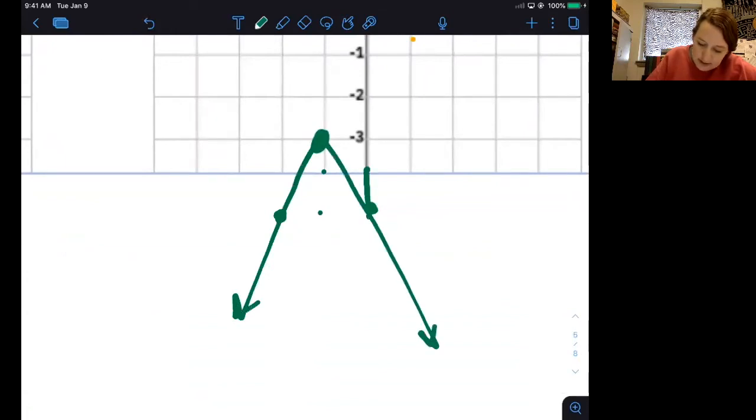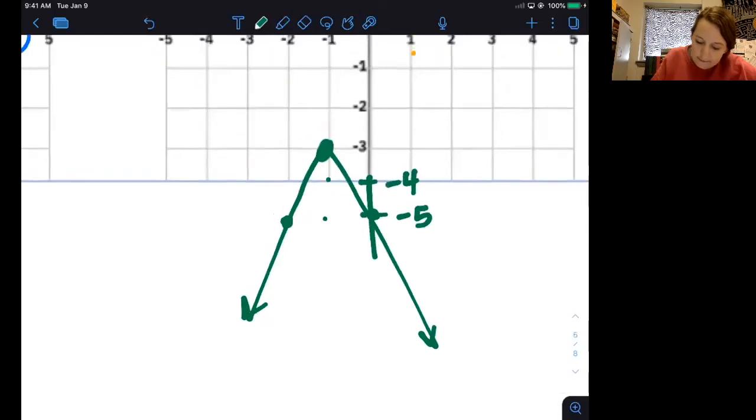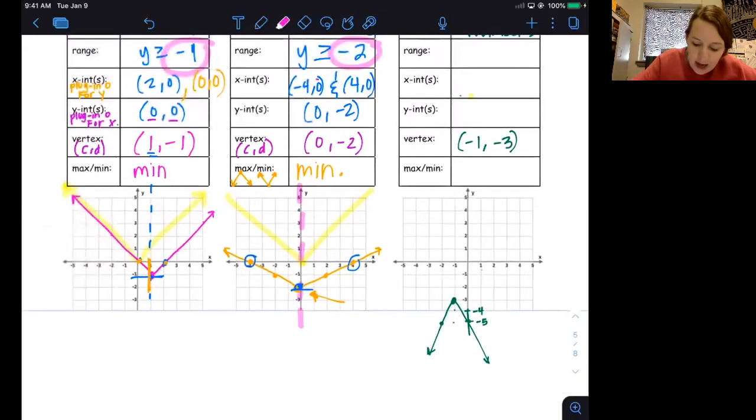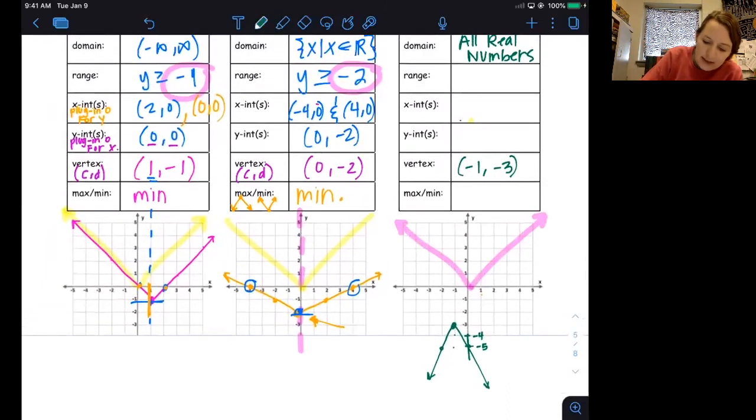Okay, if I were to extend this down, this is -4 and this is -5. So this is an example of where we do not have an x-intercept because we're pointed downward and we're shifted below the x-axis. So here we would say that there is no x-intercept.